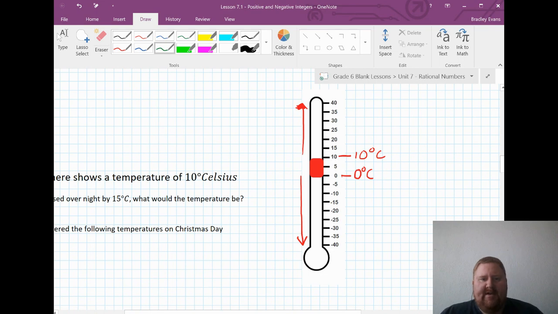Well, 10 degrees means we have a positive temperature of 10 degrees, and it's going to drop or decrease by 15 degrees Celsius. So it's going to go down. So from 10 degrees, we're going to go down in groups of 5. 5, 10, 15. And we end up here at negative 5 degrees Celsius.